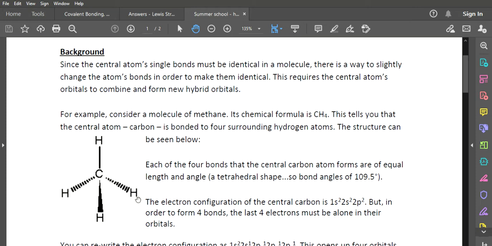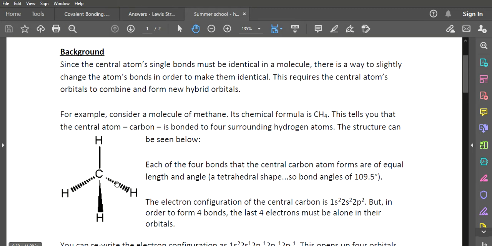We quickly put all 8 electrons onto our Lewis structure and we moved on. When we get to VSEPR in our next lesson, we'll see that a molecule of methane is a tetrahedral shape, which means it has 4 different bonds, all at this equal angle of 109.5 degrees. Cool.